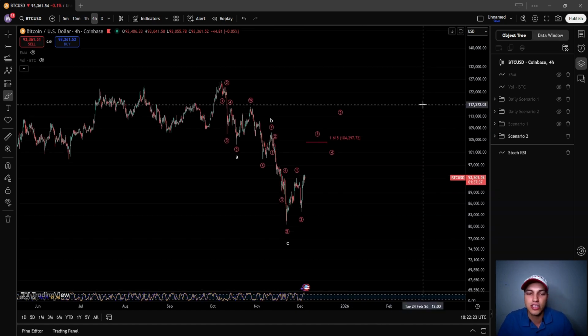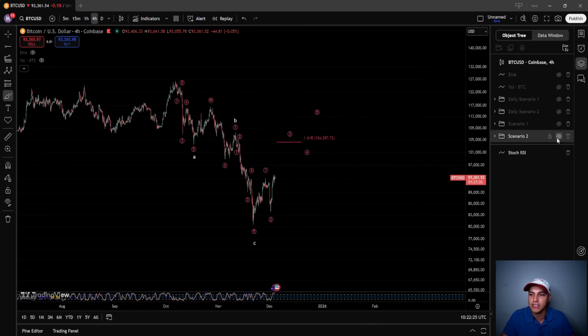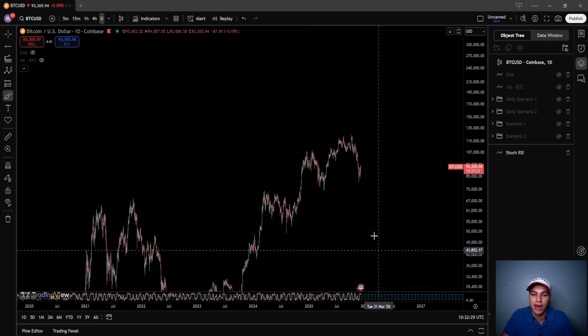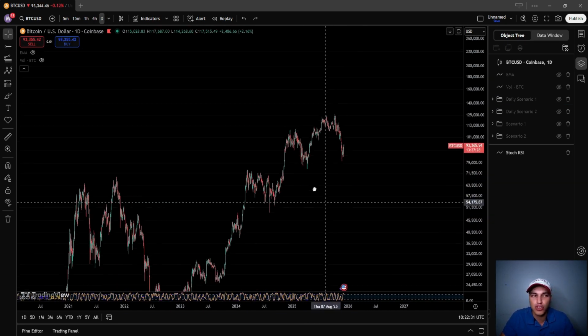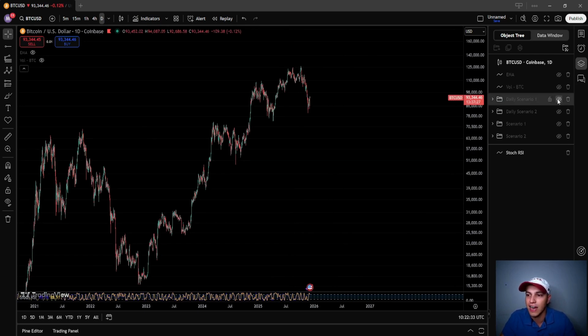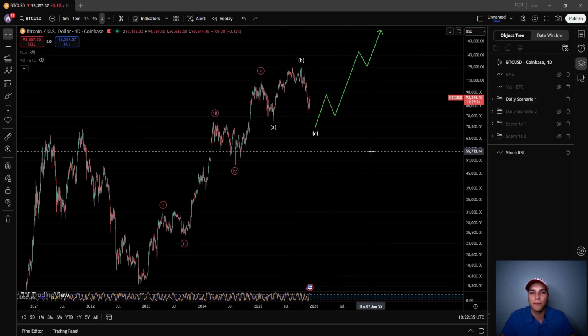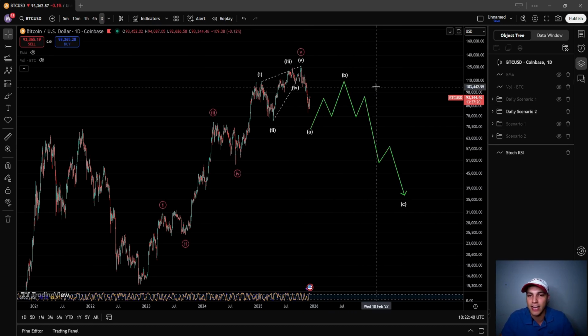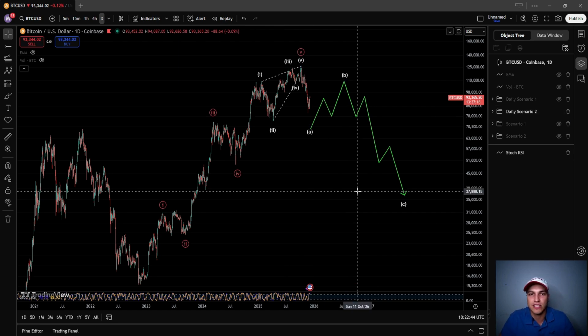I don't see other scenarios that are worth mentioning. But these daily scenarios are very important to keep an eye on, as that will determine our larger moves. The higher the time frame, the stronger the move, or the stronger the bias. So we can look at this and say, okay, which one is more likely? That is what we have to decide at the moment.